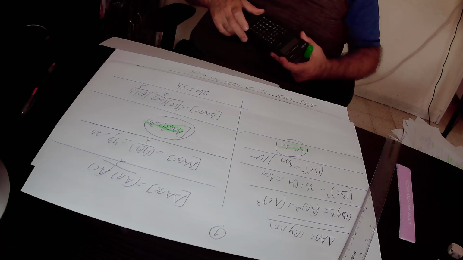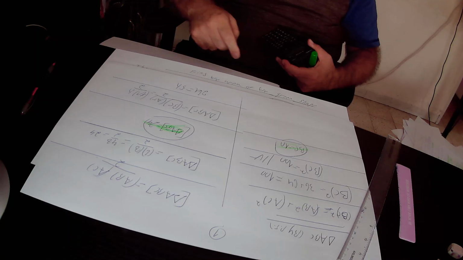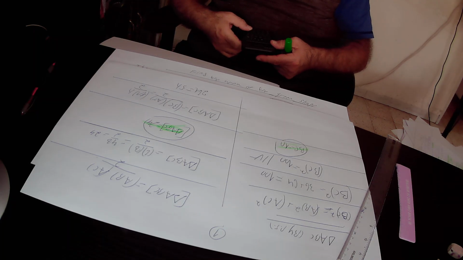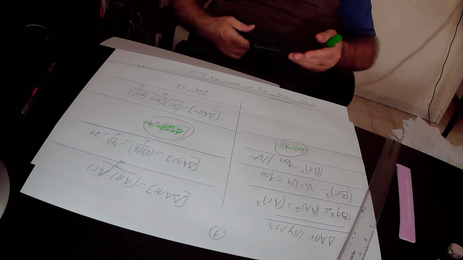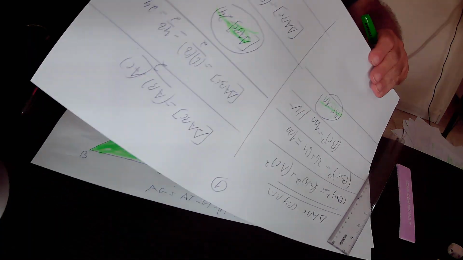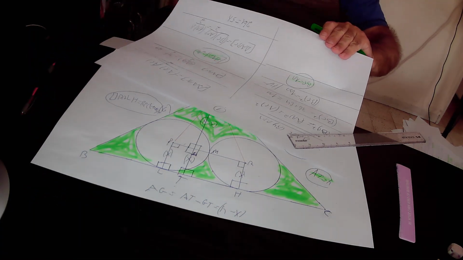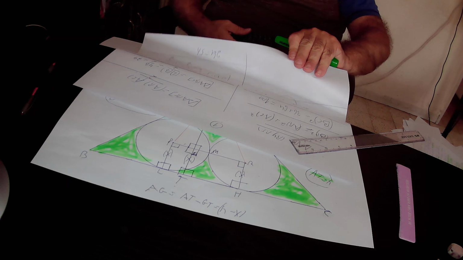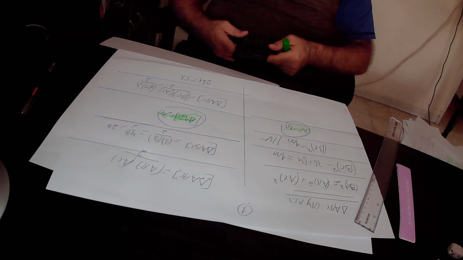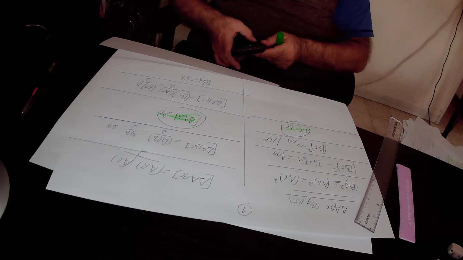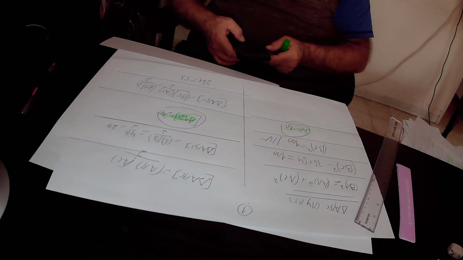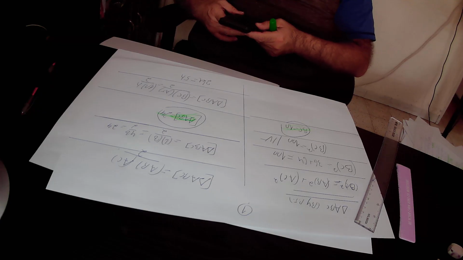Here we divide this equation by 5, and finally we get that H, that is the height to the base BC of the big triangle ABC, equals 24 over 5, that is 4.8 units.